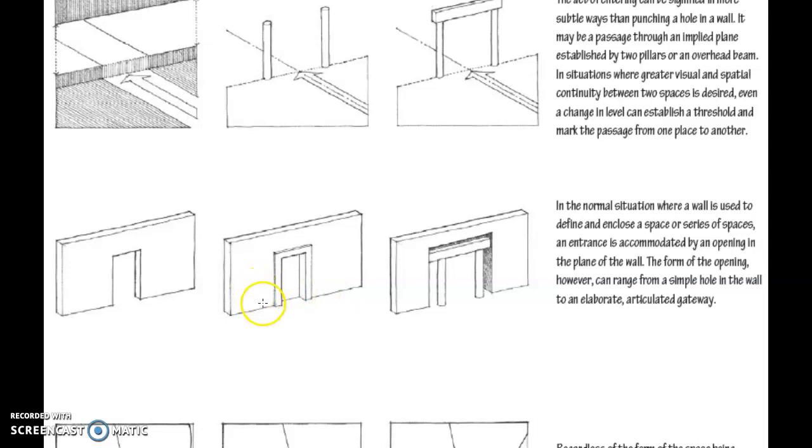The form of the opening, however, can change from a simple hole in the wall to an elaborate articulated gateway. So here, you see a lot of articulation by way of adding these pillars, beams, etc. You are making it more loud so that people see the entrance better.